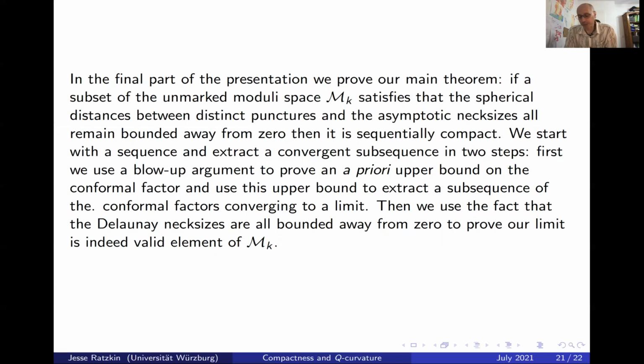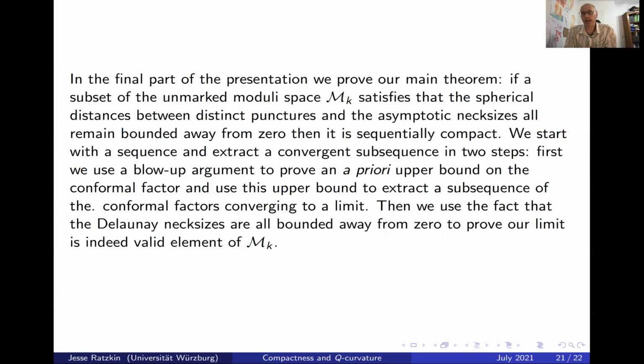And how do we prove this? There are really two steps. The first step is that we prove an a priori estimate for all of these functions, which are the conformal factors. The a priori estimates allow us to extract a limit, which is a candidate for the thing we'd want to converge to.